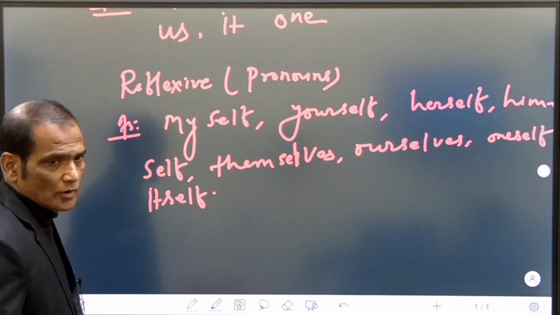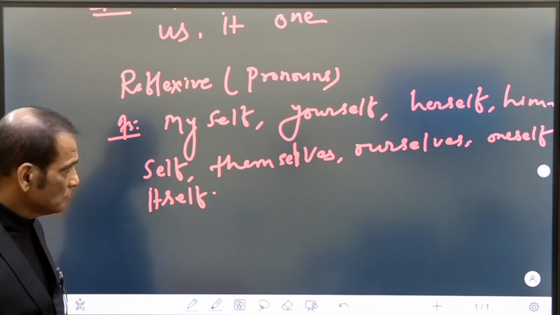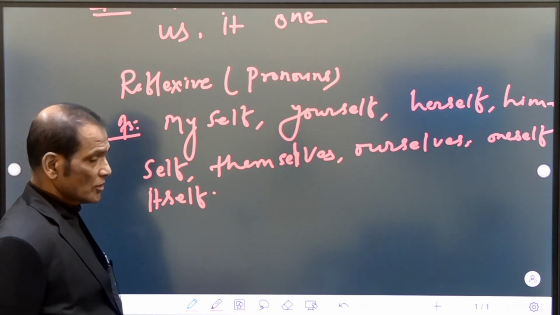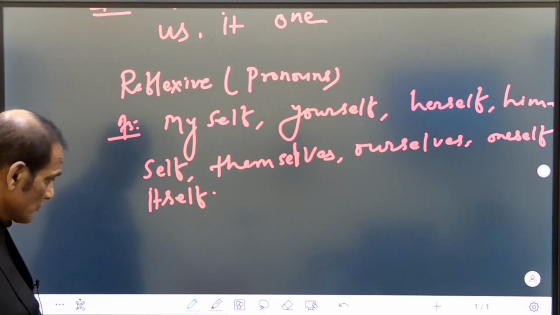These are reflexive forms of pronoun. So these pronouns are used to reflect the sense.